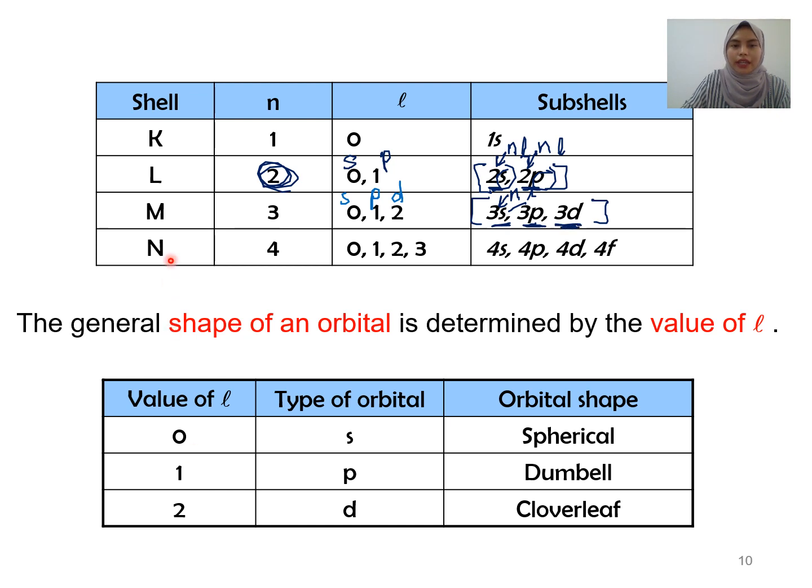For shell N, if the energy level equals 4, the L value would possibly be 0, 1, 2 and also 3. Therefore, the subshells will be 4s, where 4 comes from the energy level and s comes from the L value. So the subshells will be 4s, 4p, 4d and 4f.